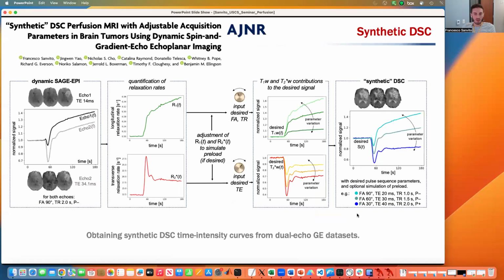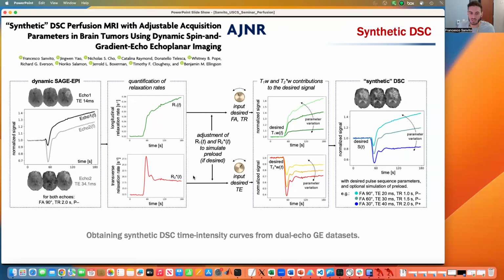And I want to skip to the next study that I wanted to mention. This is something that we came up with, and we're trying to take an extra step. As we said, from two different echoes, we can disentangle R1 over time and R2 star over time. So there are quantitative relaxation rates that are linked to T1 effects and T2 star effects.